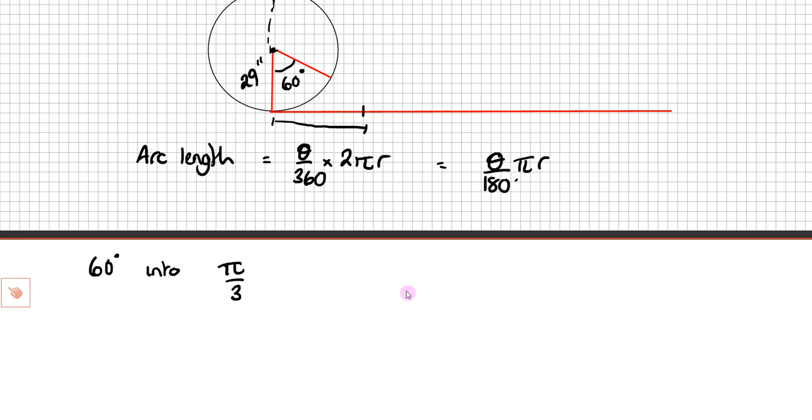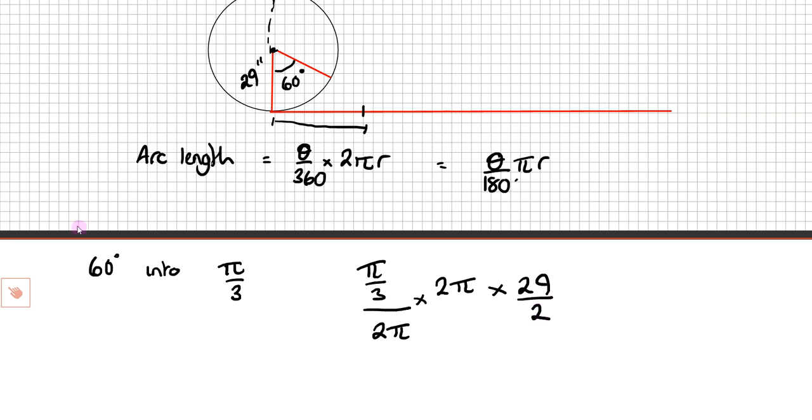Okay, so then our arc length is actually pi over 3 out of 2 pi, multiplied by 2 pi multiplied by r, which is 29 over 2.